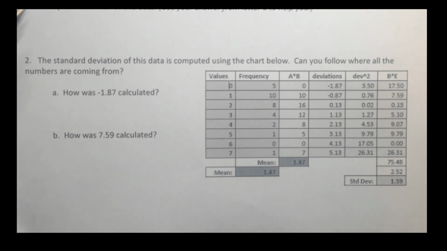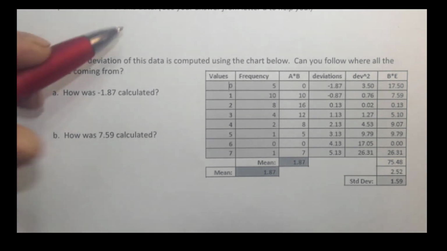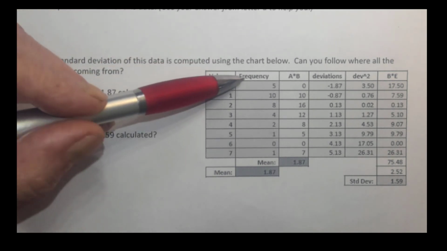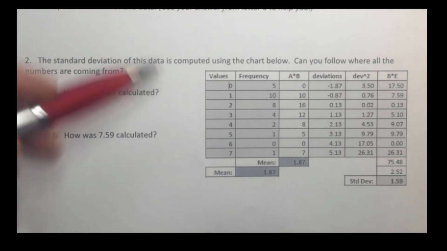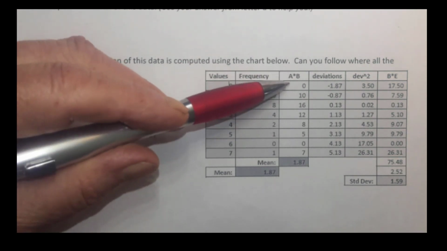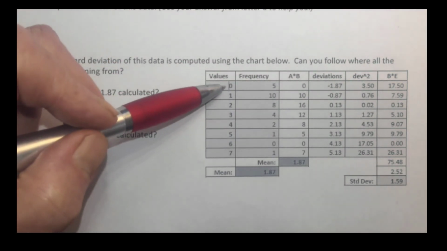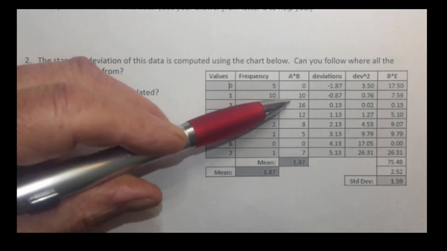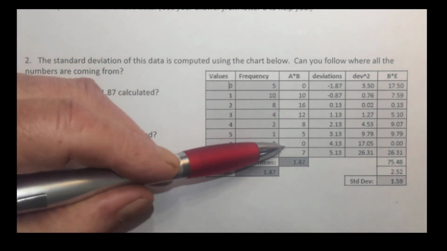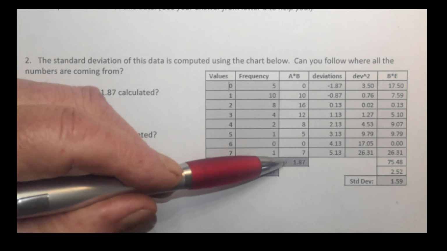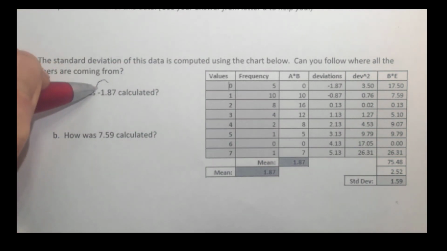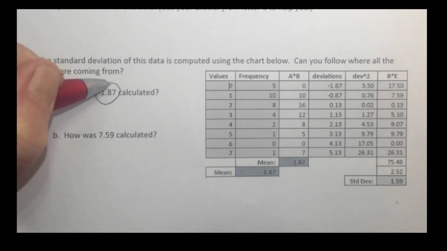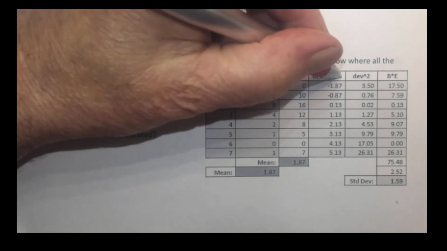Okay, so here's the dock cam for the last two questions. And what they're doing here is building the standard deviation from the formula, one step at a time. A times B is just the value times the frequency, right? Add those up, divide by 31, you get the mean. They want to know how is that negative 1.87 calculated, which is right here.